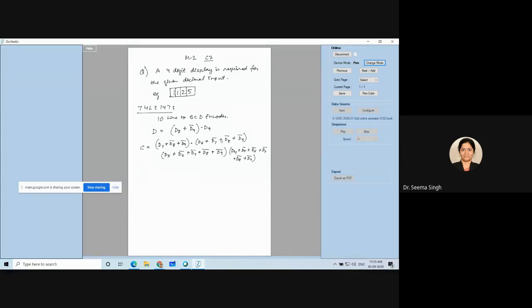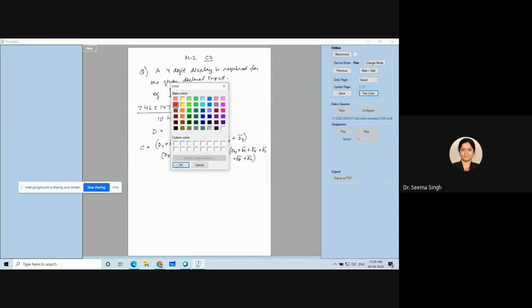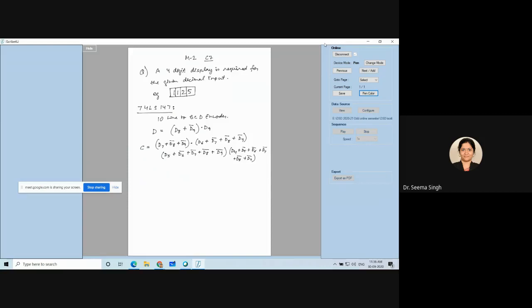Okay, now I want you to remember something called the elimination law or absorption law, anything you can call it. And what is that law? That law says that if I have A dot (A bar plus B), then this reduces to A B, meaning A dot B. So what is happening?